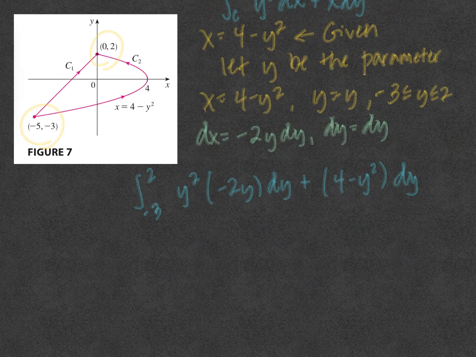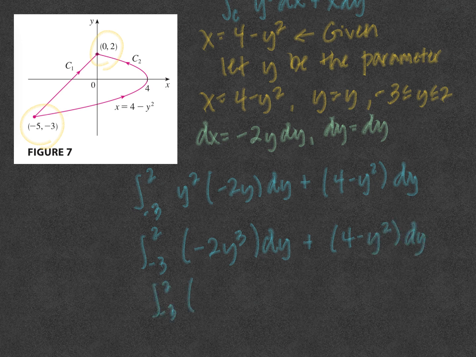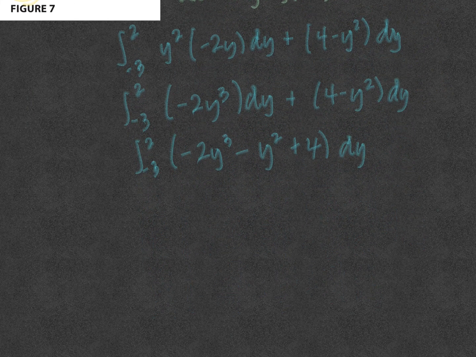So now we have negative 3 to 2, and here we have negative 2y to the third with respect to y, plus 4 minus y squared with respect to y. So we have negative 3 to 2. And let's combine our like terms to be one nice pretty polynomial. So we have negative 2y to the third minus y squared plus 4 with respect to y. So we can integrate this, and we have negative 3 to 2.